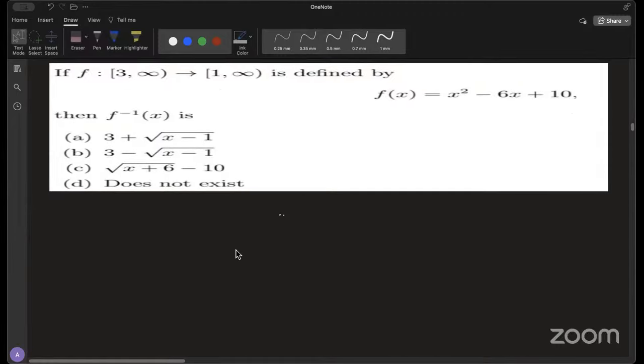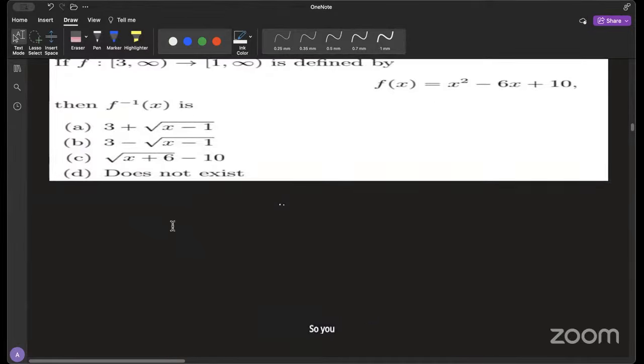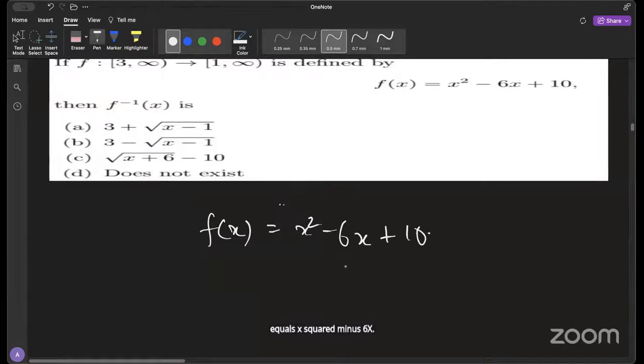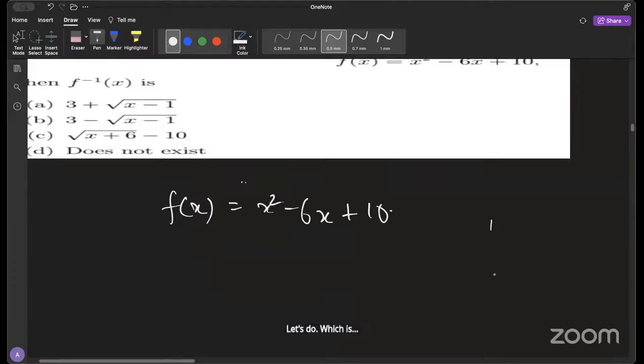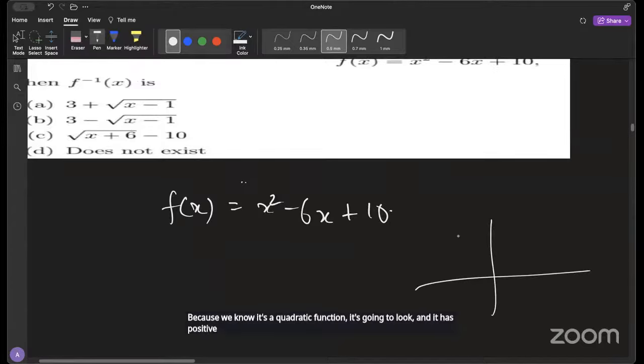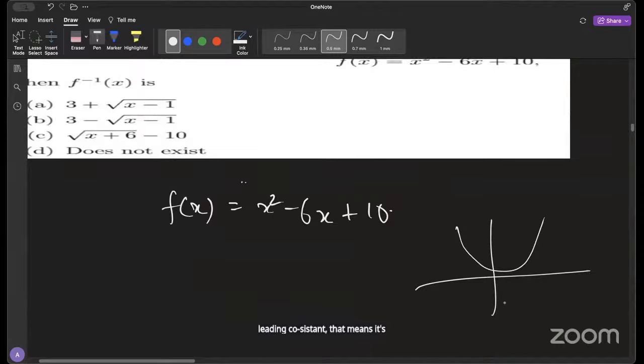Okay. Let's do this here. This question is a quadratic function, right? So you have f(x) equals x squared minus 6x plus 10. Because we know it's a quadratic function with a positive leading coefficient, it's going to look something like this. It's a very rough sketch.